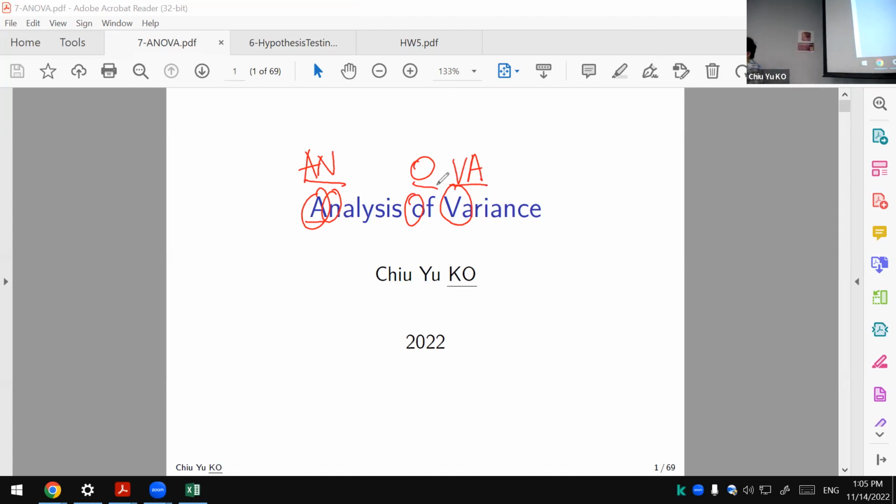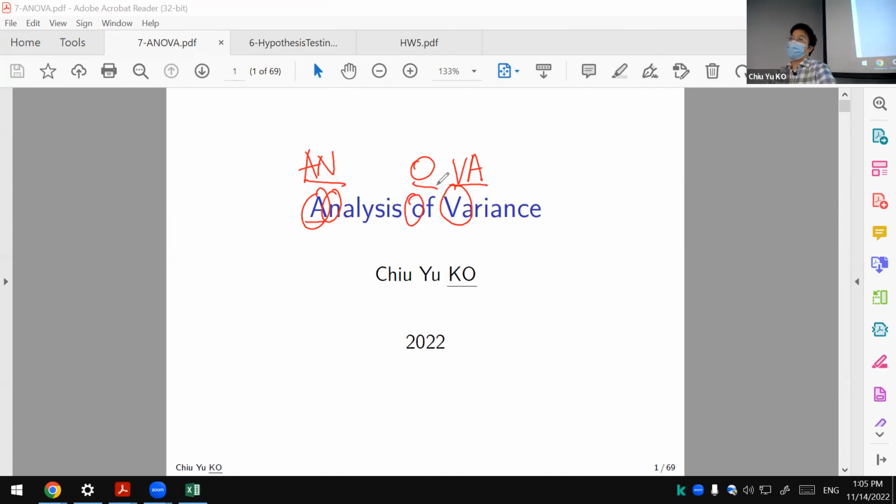ANOVA is a very classical tool, and it is still used in the business world, some social science, psychology, and science experiments. ANOVA is still a very good way to do it in engineering.